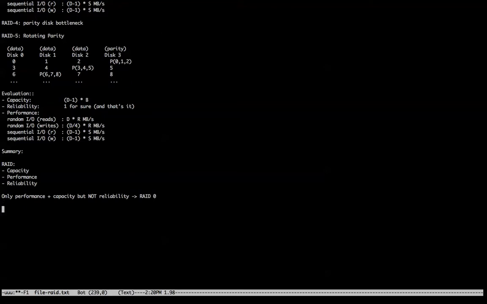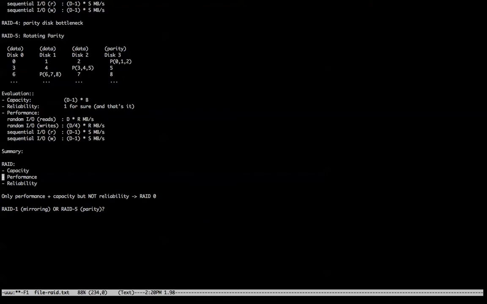Very risky though. So what it means in reality is when people are talking about RAIDs, they tend to be talking about RAID 1, mirroring, or RAID 5, parity. So let's look at the evaluation of each of those.